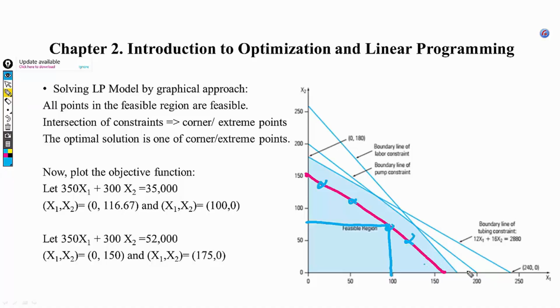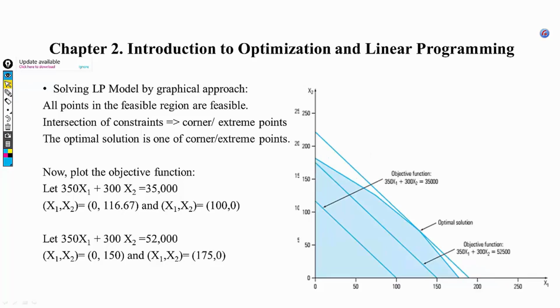I increase this function until I get to some point where I cannot increase it any further. If I increase it a little bit, it would be past the feasible region. It's not any feasible point.